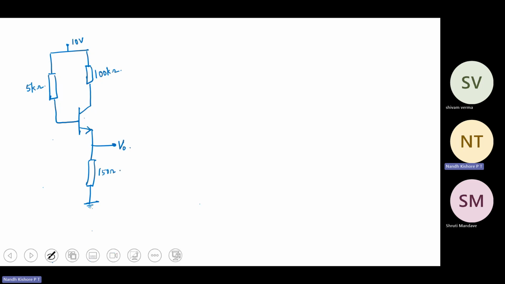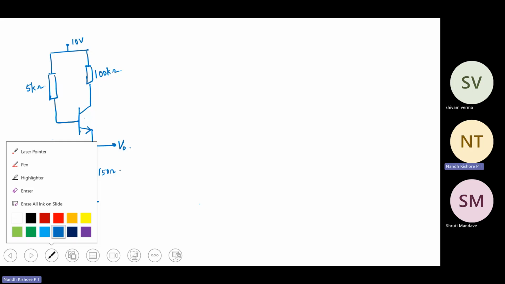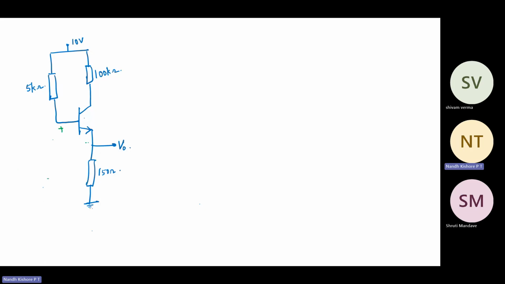Now they have told that your cut-in voltage is basically what? Cut-in voltage is VBE. It is 0.7 volts. They have also given this in the problem. So this is one information that we know. So your VBE is 0.7 volts.